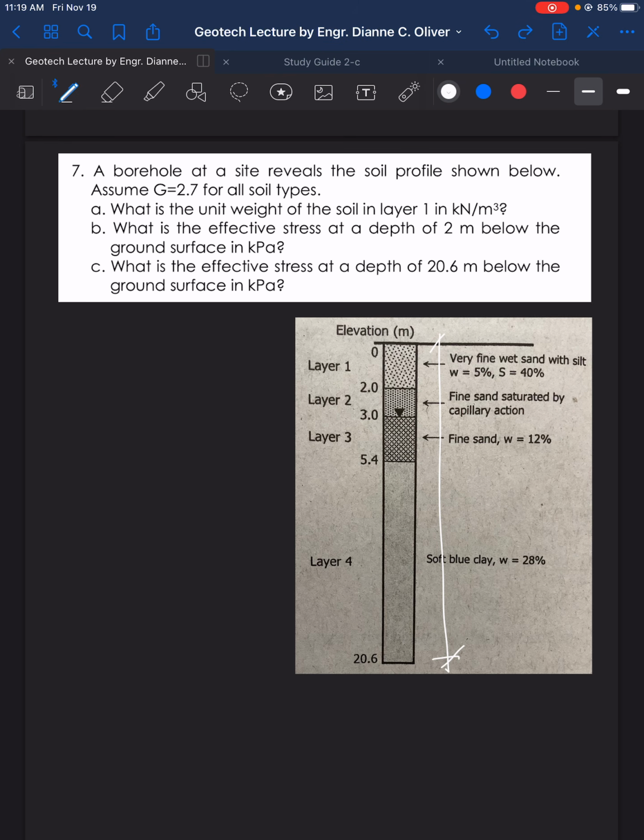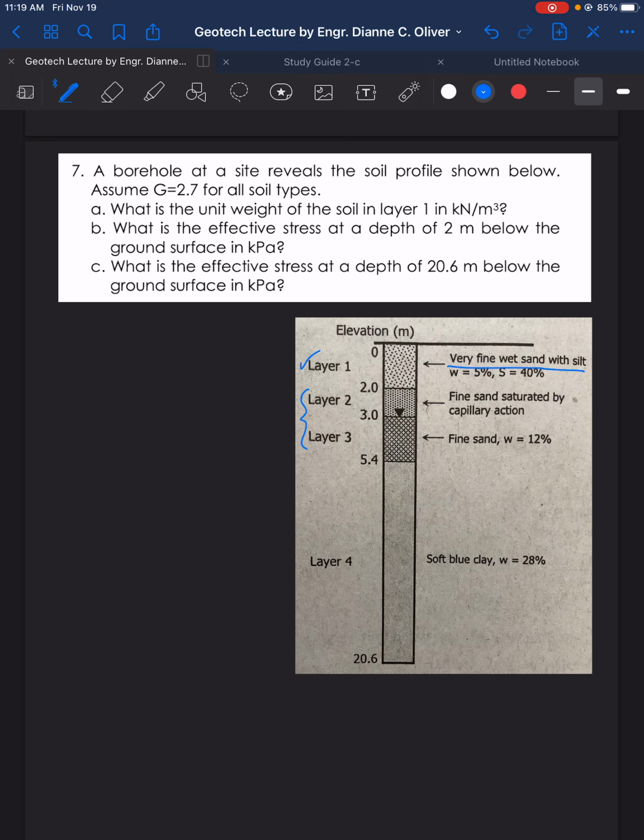Okay, and with this soil profile, we have there the different kinds of soils. We obtain here, the layer 1 is very fine wet sand with silt. Layer 2 and 3 are the same soil type. So layer 1 is different. Layer 2 and 3 is the same.